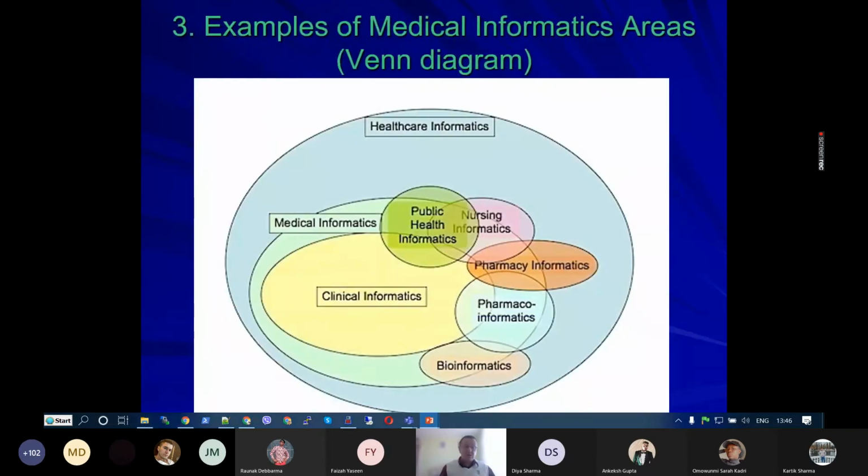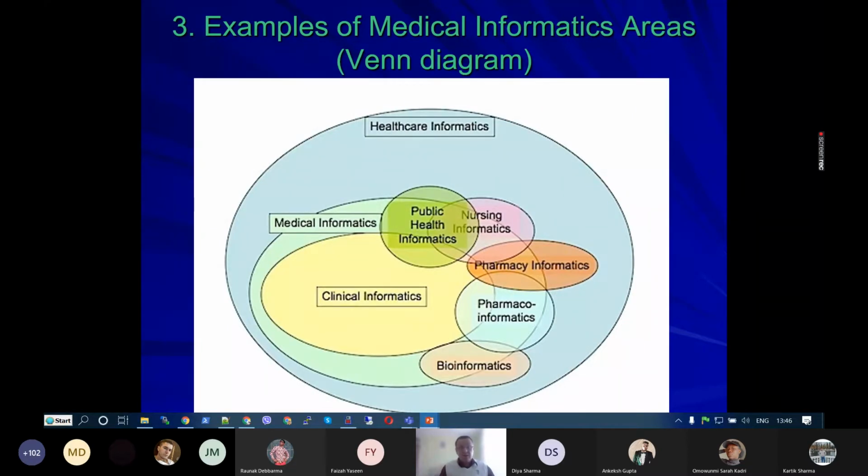Or another version of a Venn diagram could be presented, which helps to understand which area covers the more generalized question, like healthcare or health informatics, which covers all activities including public health, medical education, social education, hygiene, and prevention. All those things are covered under healthcare informatics.